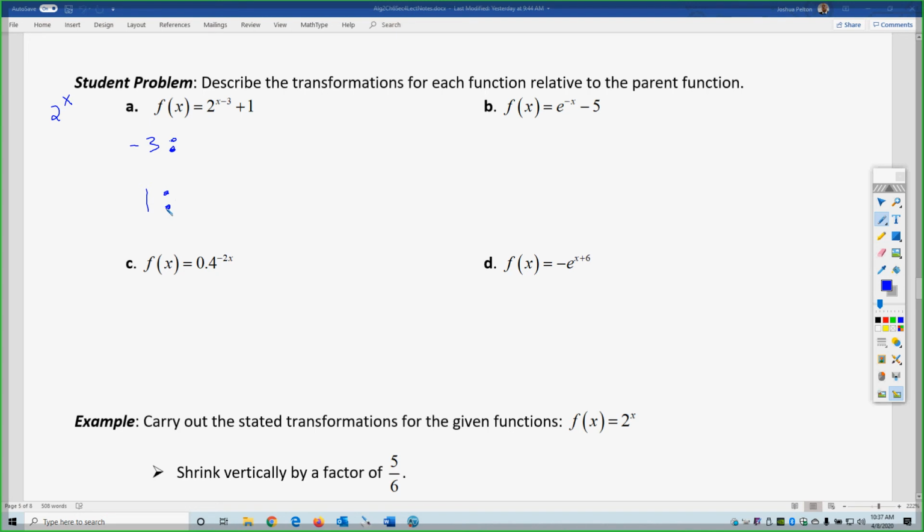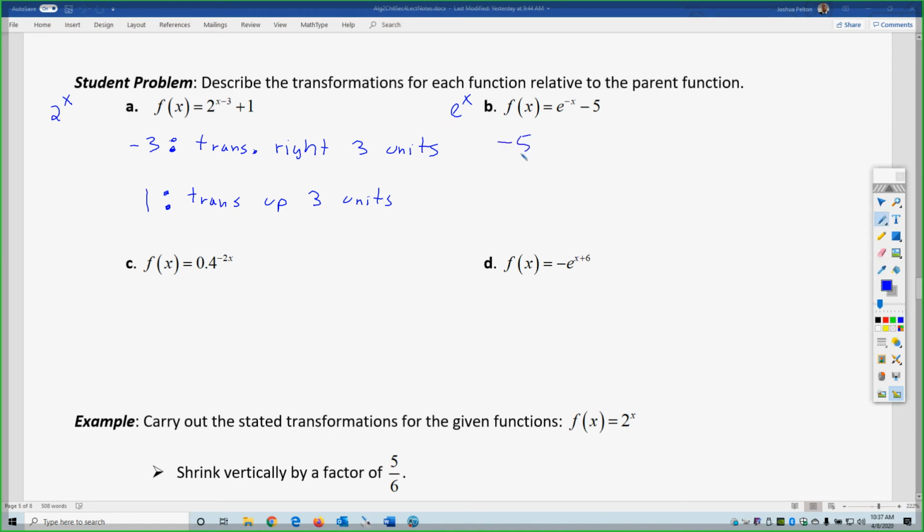The negative 3 is adding and subtracting on the inside, so that translates right 3 units. And adding 1 on the outside is translating up 1 unit. Remember, on the outside, y is straightforward, but the inside is counterintuitive. All right, e to the x, the base is just e, so the original parent was e to the x. Whether it's e, 2, or 3, it doesn't matter. It's still an exponential function either way.